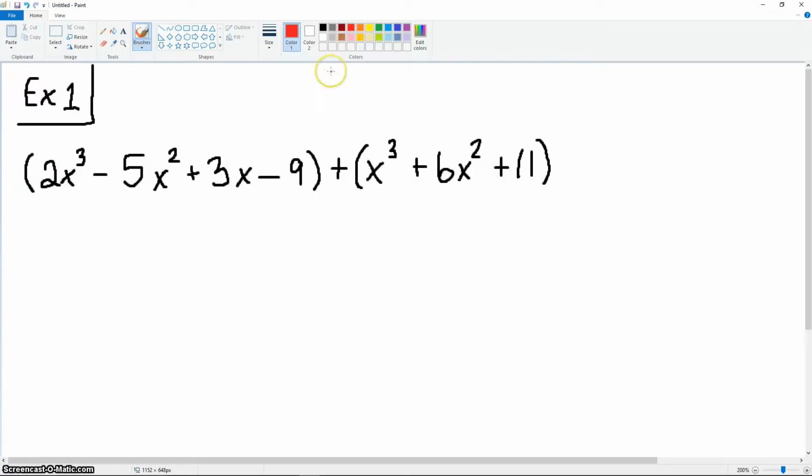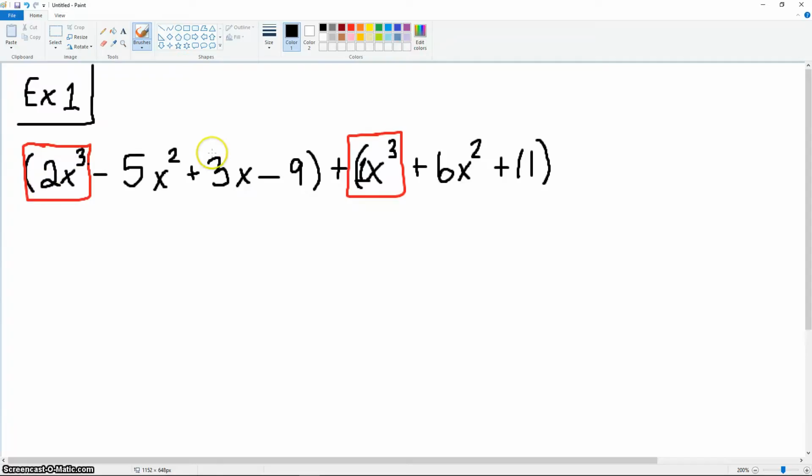All right, so the way that I do it is I'm going to say, okay, I'm going to add like terms. So I see a cubic here. I'm going to box that in red. And then I see a cubic here. So I'm going to box that in red as well. Even though you don't see it, there is a number in front of this x cubed, and that's a 1. So I'm going to squeeze it in there so that you can see it for those visual people.